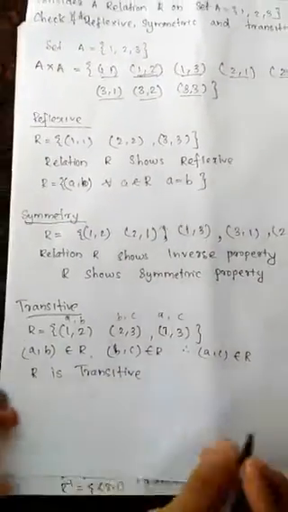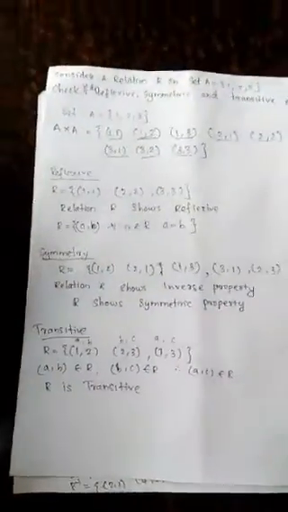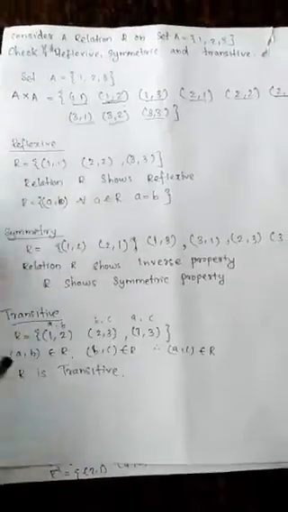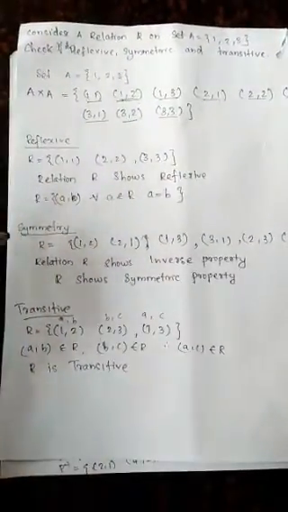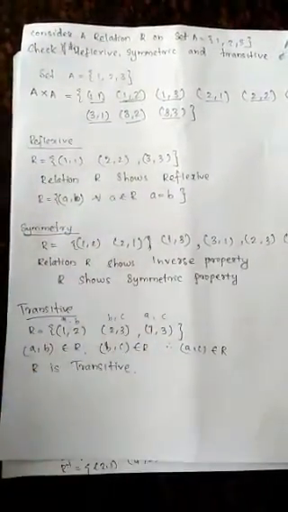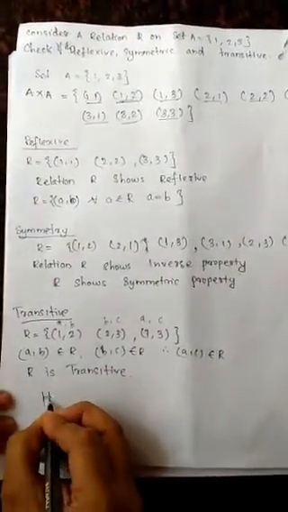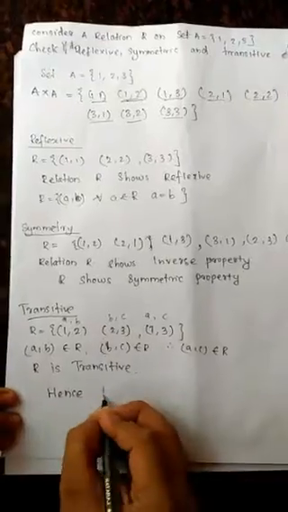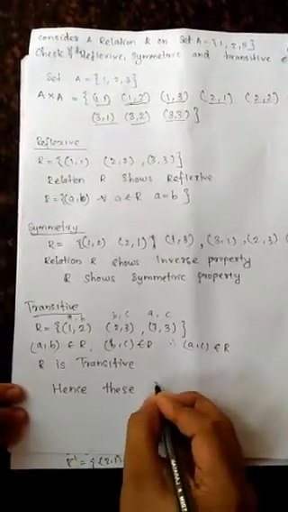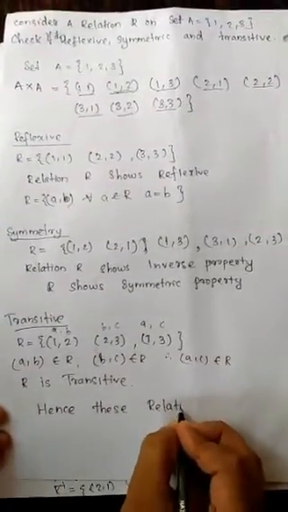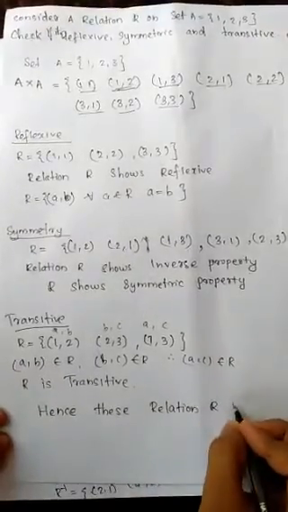Just look, this Cartesian product A cross A shows all three properties: reflexive, symmetric and transitive. So hence we can define this relation as an equivalence relation.